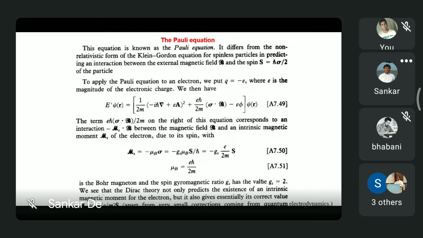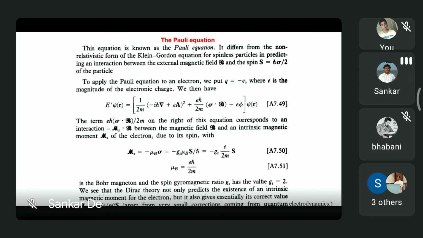Okay, we come back to our equation 7.49, and therefore we defined from the Dirac theory that there exists an intrinsic magnetic moment for the electron, and Dirac theory also gave essentially its correct value, ms is equal to minus e/m S, apart from very small corrections coming from quantum electrodynamics.